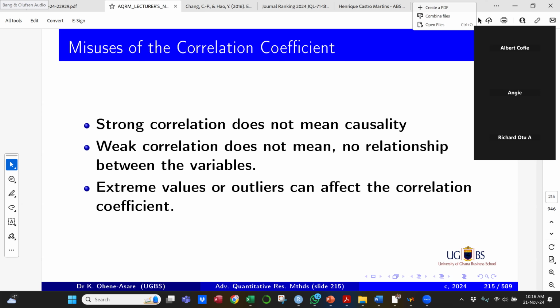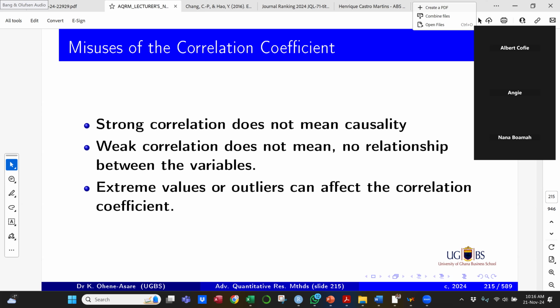I don't know whether your colleagues understand, but what this guy is saying is that there is a positive correlation between higher sales or higher demand for ice cream and drowning. As people are buying more ice cream, drowning is also increasing.